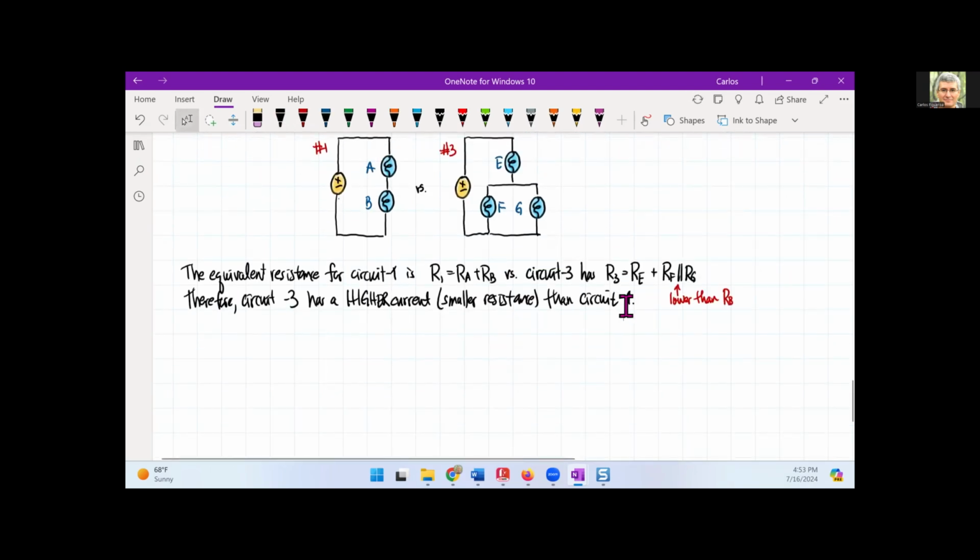So right away, we can say that the power of circuit 3 is greater than the power of circuit 1.